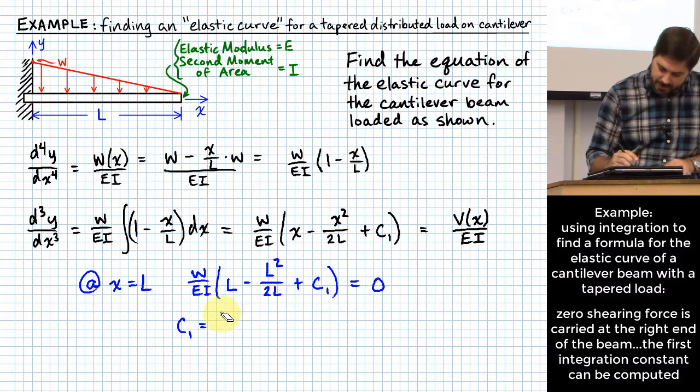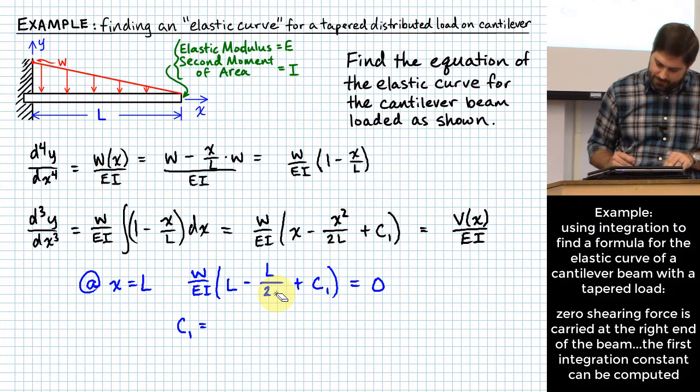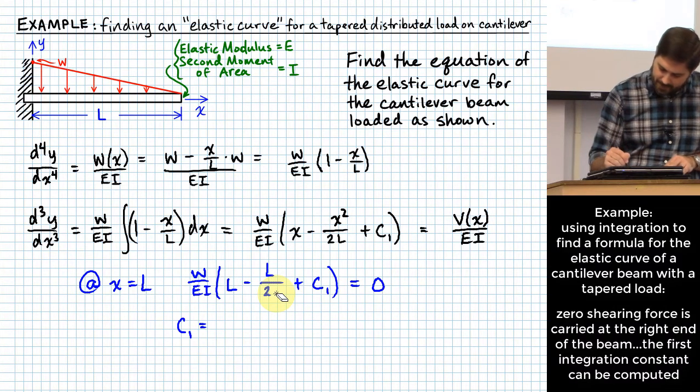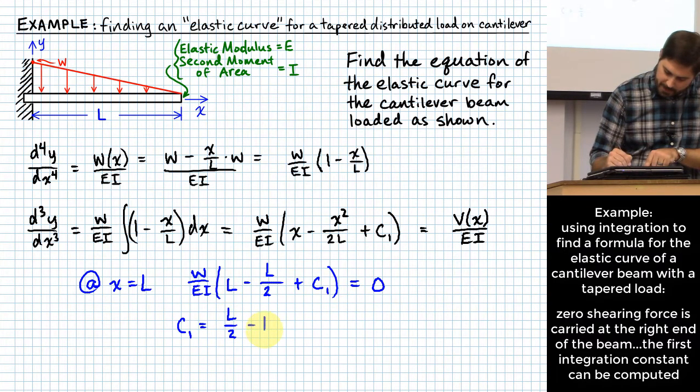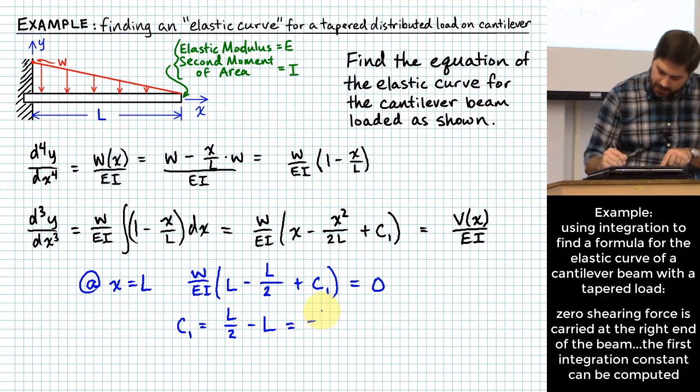Yeah, so think about this. This is L squared over 2L. So can I get rid of it like that? Okay. Now what? Yeah, so C1 is going to have to be equal to L over 2 minus L, which is going to be negative L over 2.